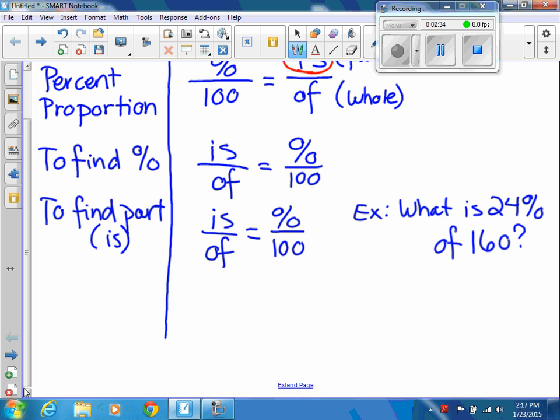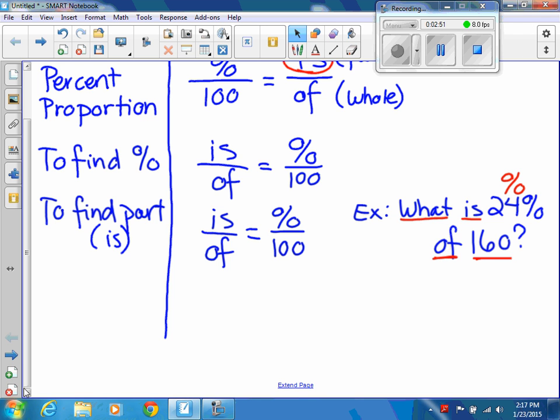We want to say, what is some percent of, and then some number. That's what we're always trying to look for, okay? So if you can get it into that question, it's going to help you set up your problem really easily.